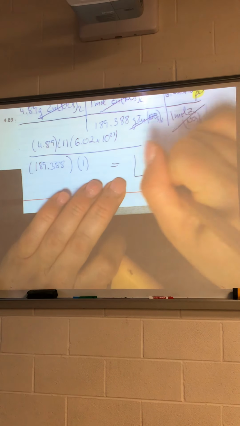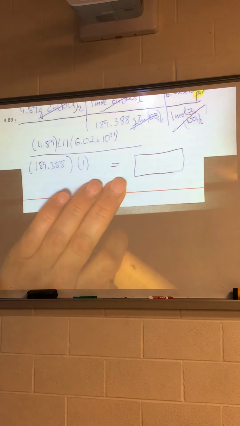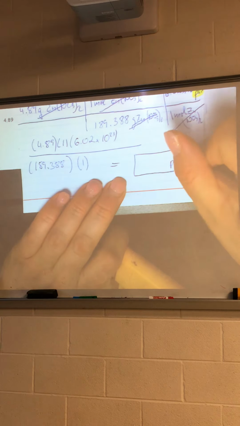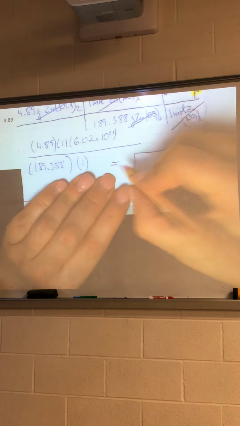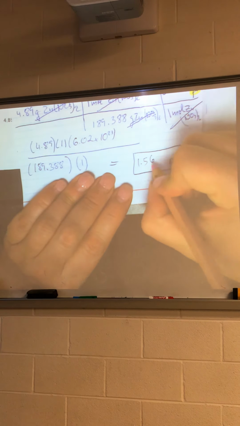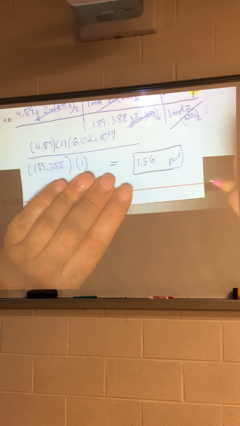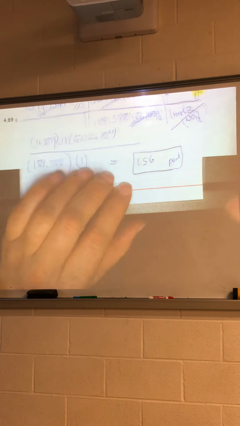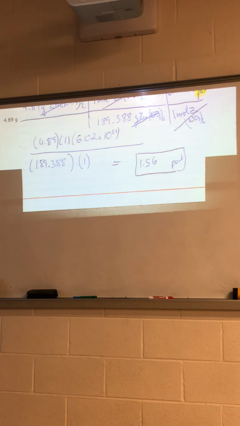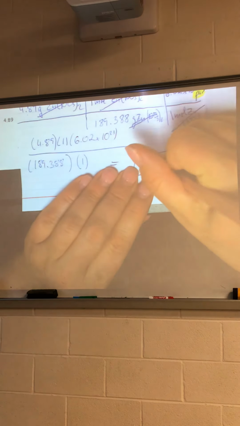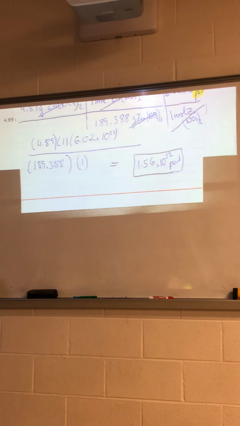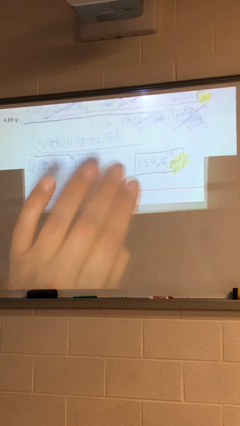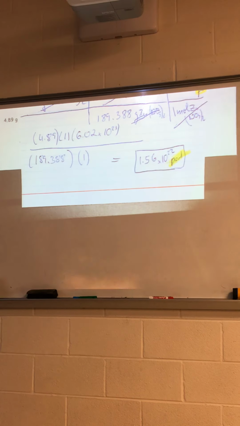Did somebody plug it in already? And what do you get? Richard, can you speak up really loud, please? 1.56 times 10 to the power of what? And here are your particles. And voila, there it is. All right, you can stop that.